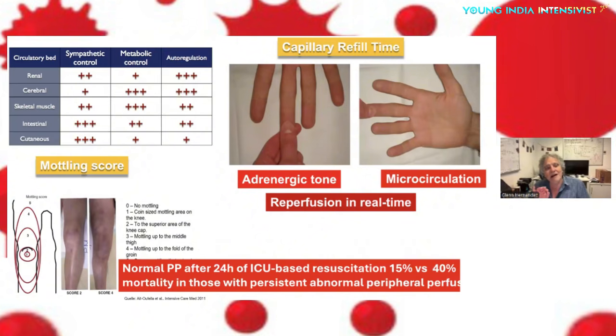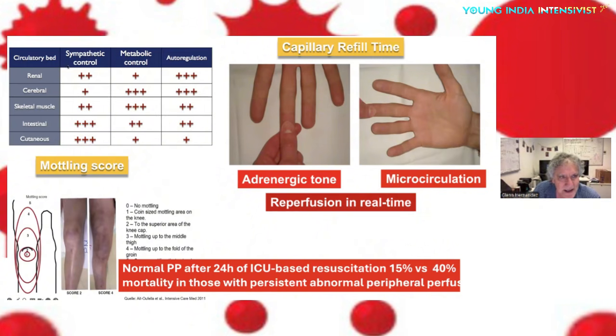It's important, capillary refill time or peripheral perfusion in general, because it's a long, extensive, physiologically relevant territory, remember the thermoregulation territory, that is under sympathetic control, essentially, as a difference with other territories that have also metabolic control and autoregulation.